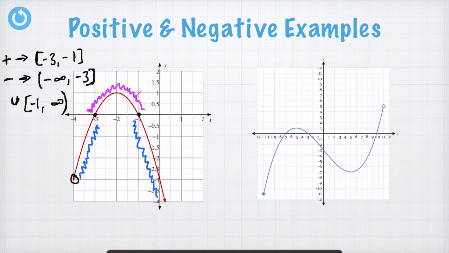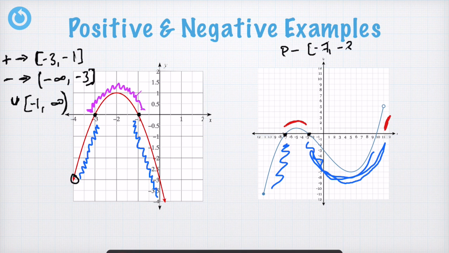This one here, we have negative down here, negative all the way through here, and then we have our positive chunk and our positive chunk. So our positive chunk is going to be from wherever that one is to wherever that one is. It looks like it's -7 to -3, because we're starting at -7 and we go all the way until -3.